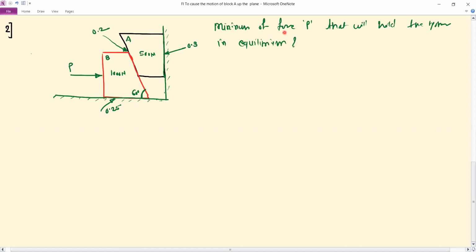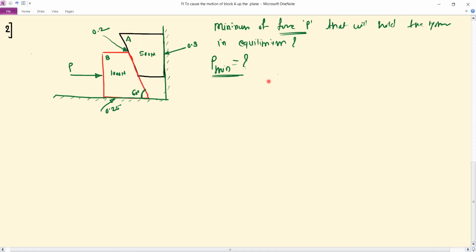So what is the minimum value of the force P, so that the equilibrium is maintained? So for that, to find out the P minimum, we have to decide the impending motion. And after that, you can draw the free body diagram depending on the impending motion. So try to solve this problem as a homework.